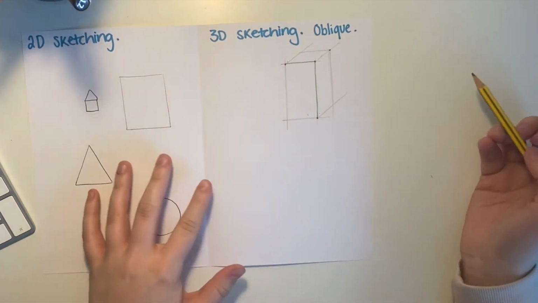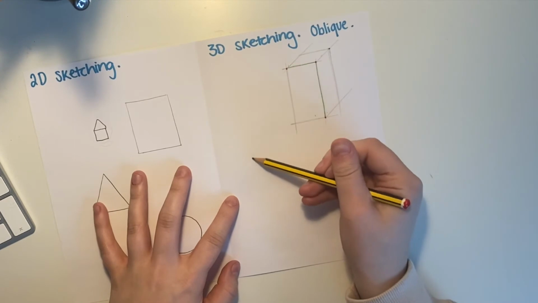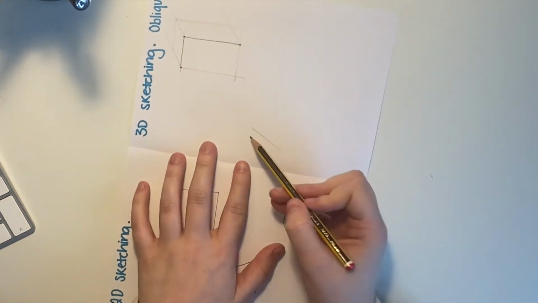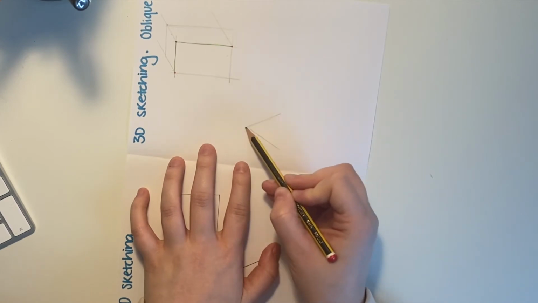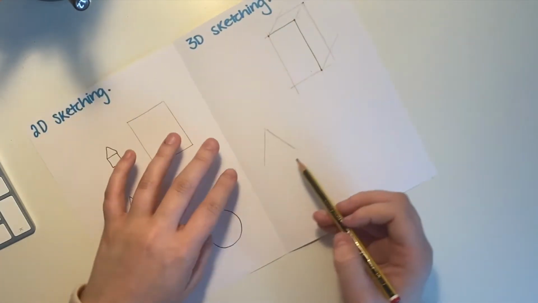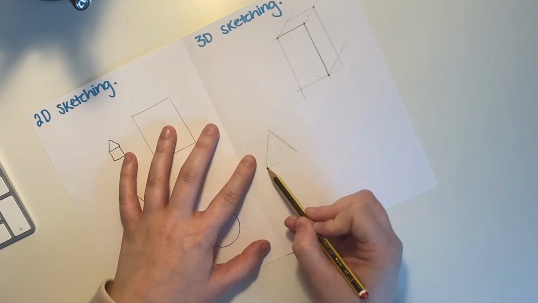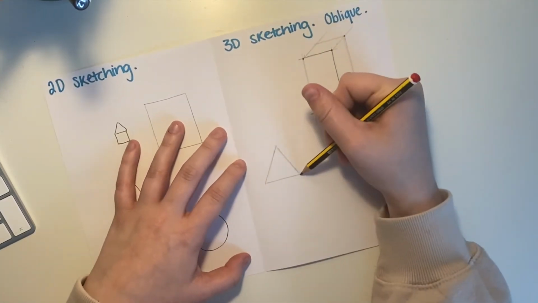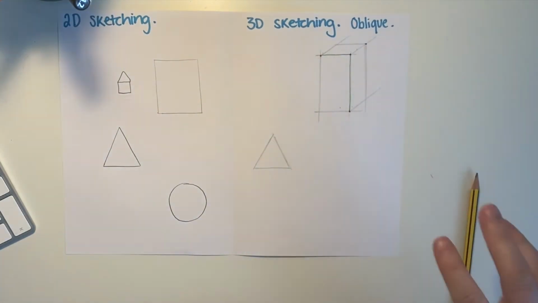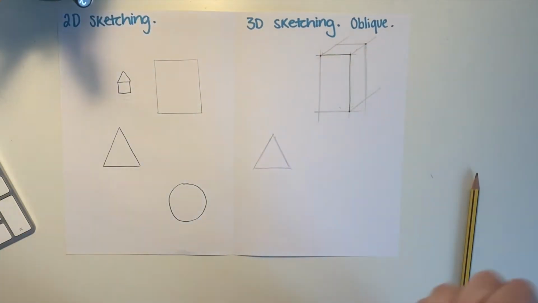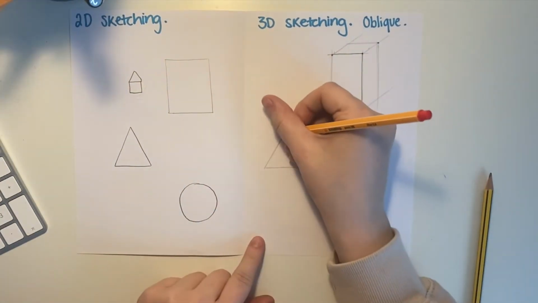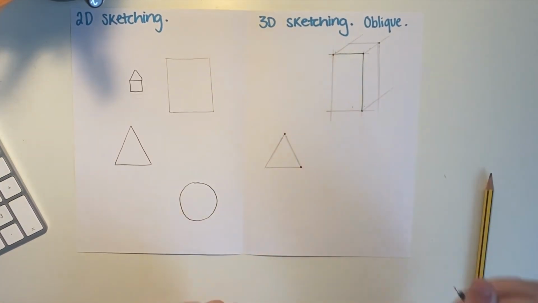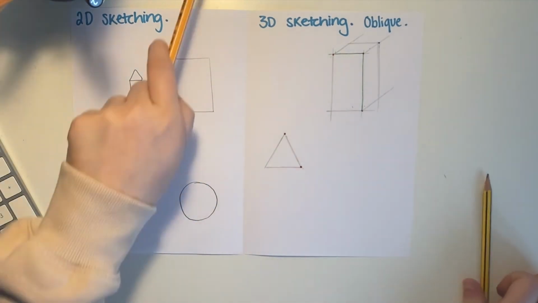So the first step that we do is we draw our face. Notice how your paper will have to move a bit more often when you're doing a triangle. Okay, and then our 2 points that we need to draw back from are this top point here and this bottom right point here. Okay, we're going to do the same.